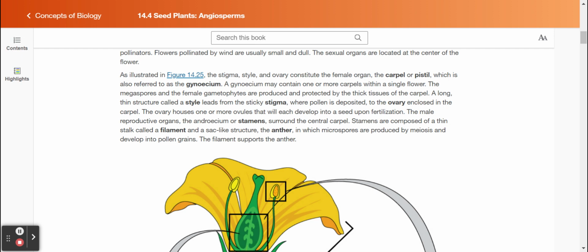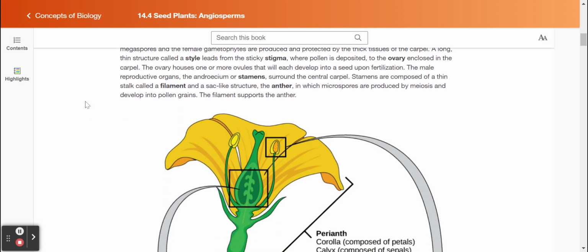The megaspores and the female gametophytes are produced and protected by the thick tissues of the carpel. A long, thin structure called a style leads from the sticky stigma, where pollen is deposited, to the ovary enclosed in the carpel. The ovary houses one or more ovules that will each develop into a seed upon fertilization.